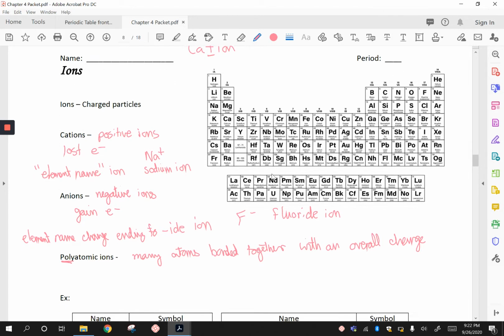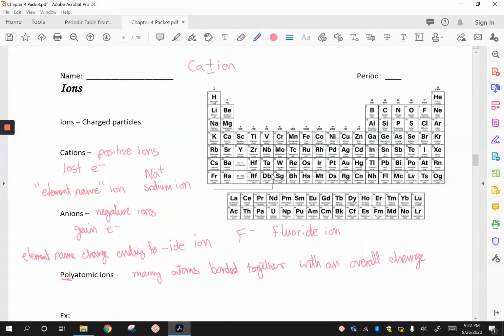Okay, the other thing we want to do is look at the periodic table and be able to tell what the charge is of different families on the periodic table when they become ions. I think you've studied this probably in physical science or in previous science classes, but let's review it. If you remember, group 1, so hydrogen, lithium, sodium, potassium, rubidium, cesium, francium, has one valence electron. And remember that these atoms want to lose or gain electrons to become stable, like the noble gases have a noble gas configuration.